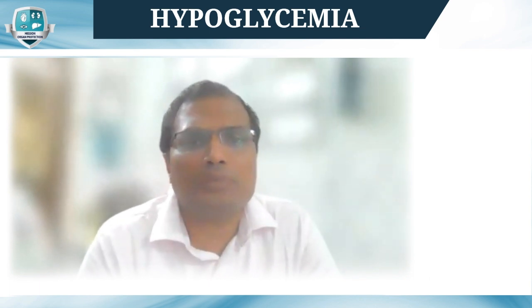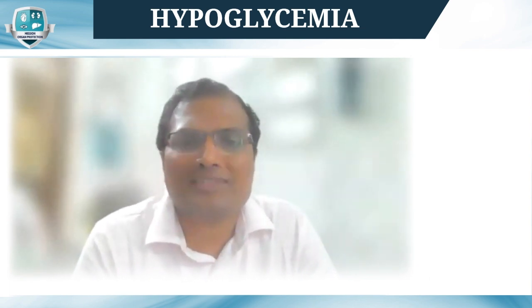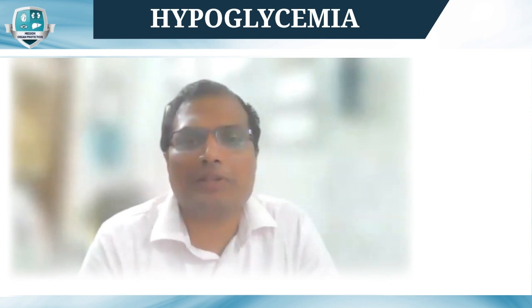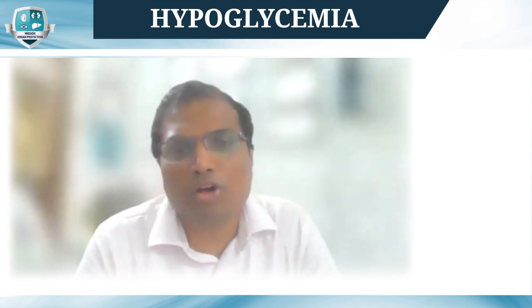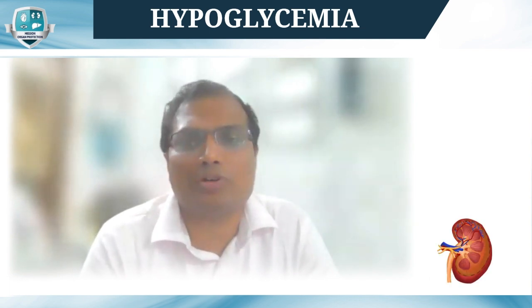Especially consider the people who commonly experience hypoglycemia, as I said already: patients on multiple doses of insulin, patients on anti-diabetic drugs, patients who are very young or very old, and patients with impaired kidney function. Why do patients with impaired kidney function experience hypoglycemia?